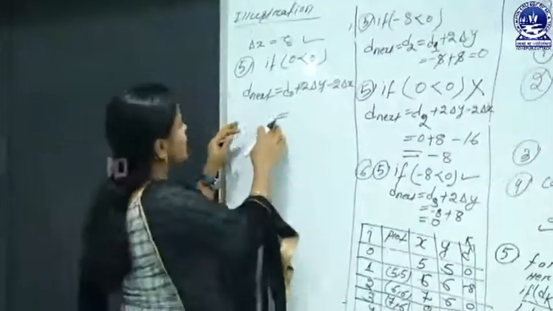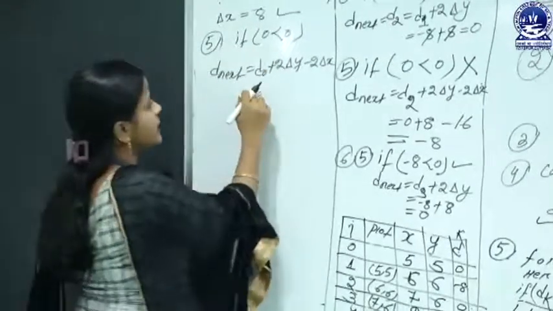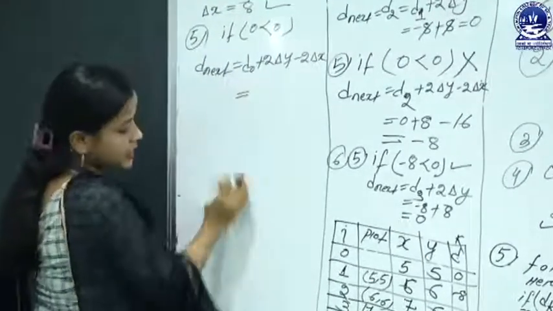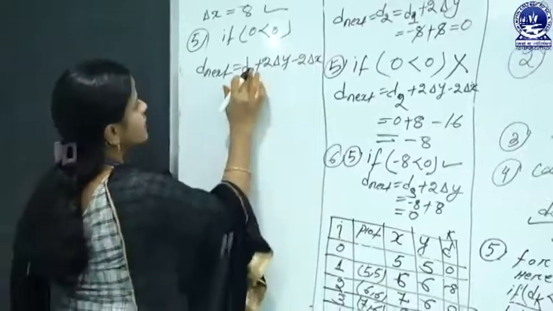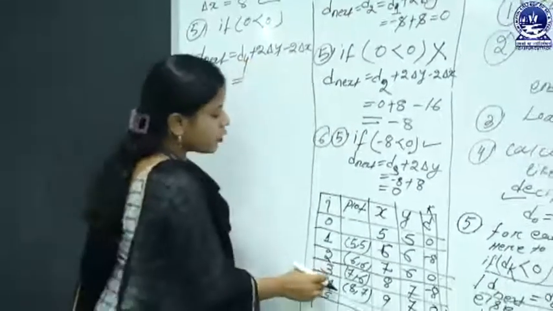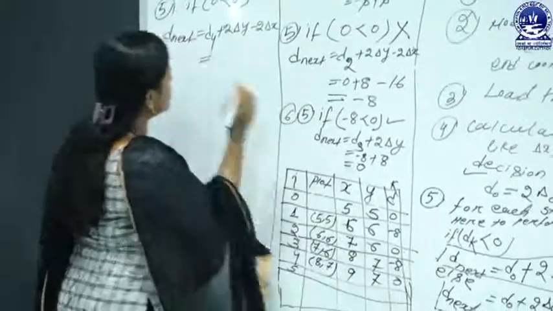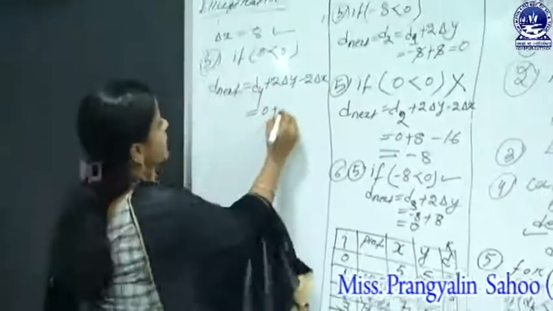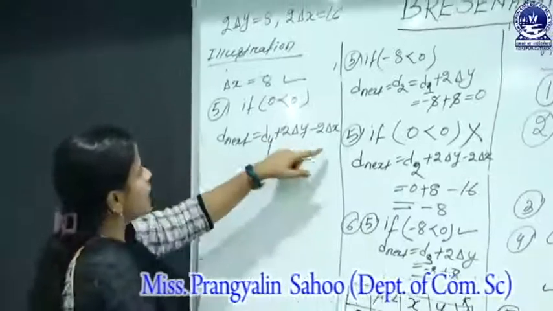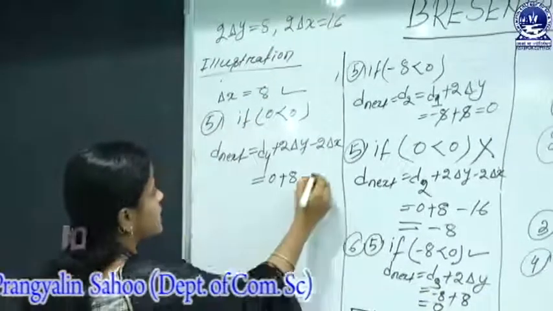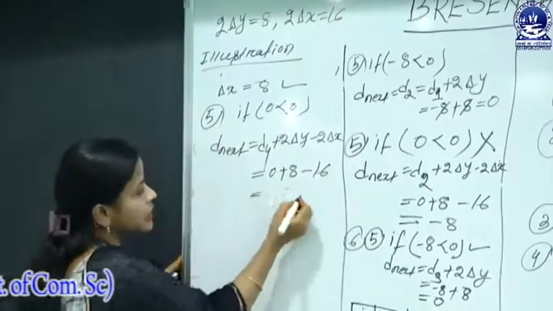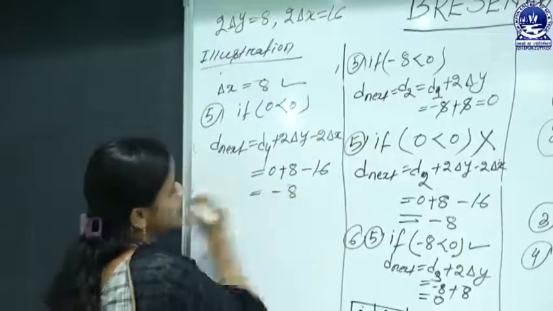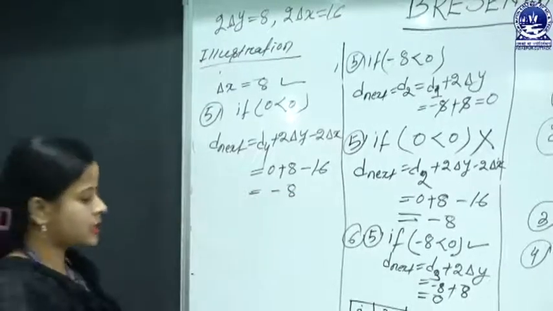So now to find the d next value, here the previous d0 means the counter value of the 4th, that means d4. Here d4 contains the decision variable value 0, plus 2 delta y, that's 8, and after that minus 2 delta x, here that is 16. When we calculate these expressions, the resultant outcome is minus 8.